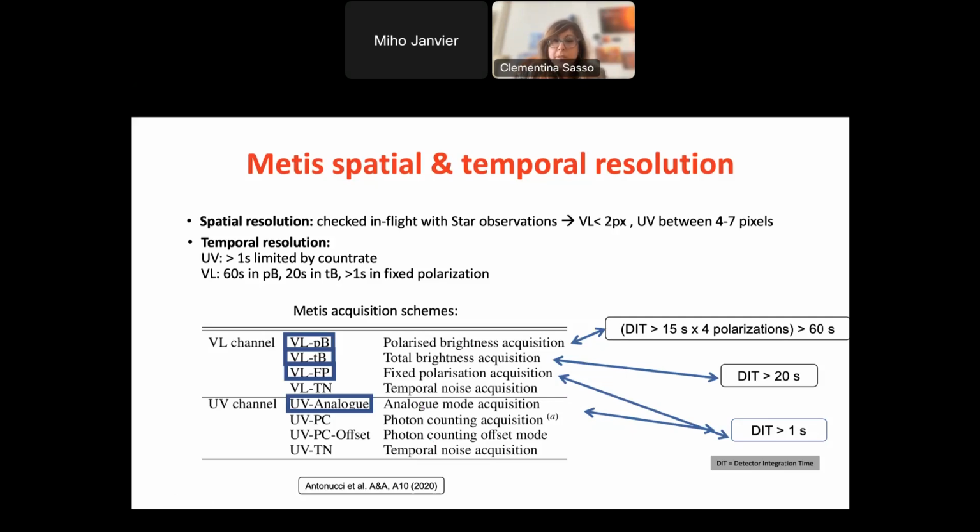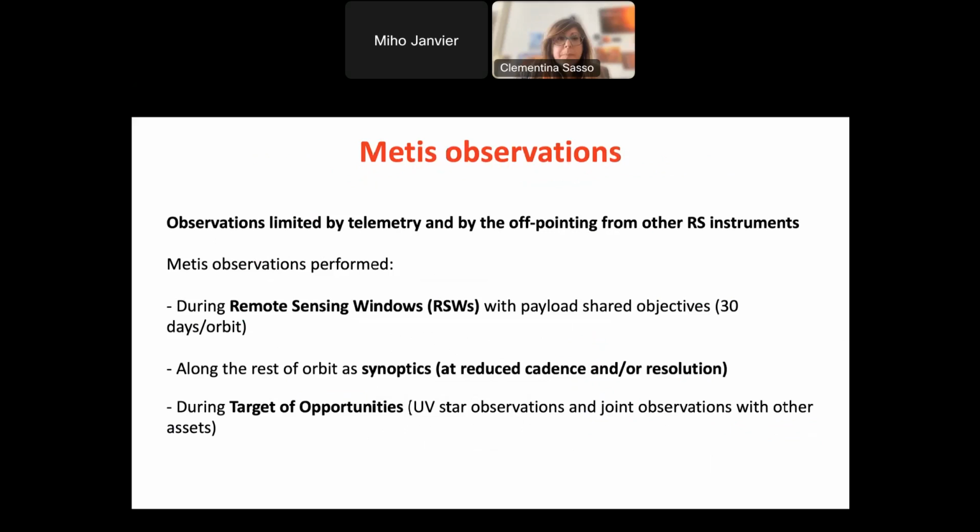So we can acquire in polarized brightness, and so we are at around 60 seconds, then in the total brightness acquisition we have 20 seconds, and then we can even go to 1 second for fixed polarization. For the UV, as I said, we are at about 1 second.